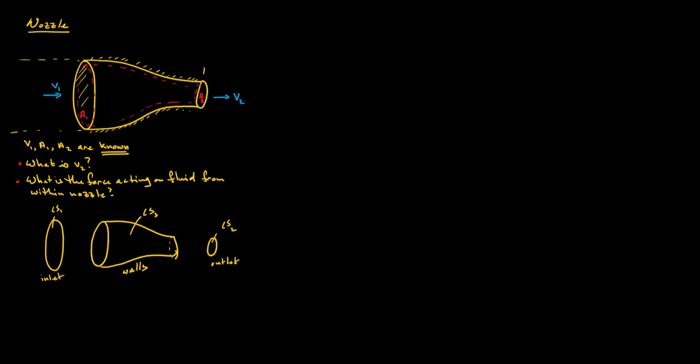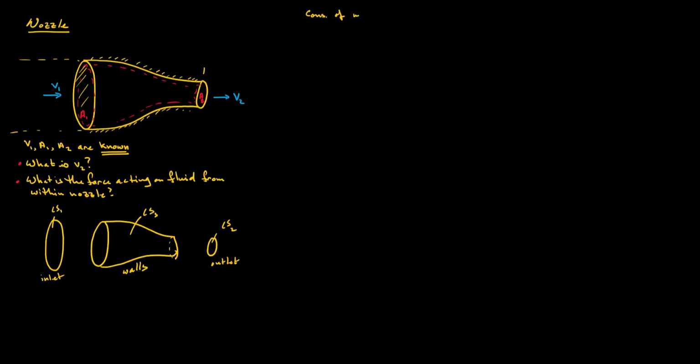Again, what we seek to do is find an expression for the velocity, V2, and an expression for the net force acting on the fluid. So a good starting point is to see, what can we obtain from conservation of mass?